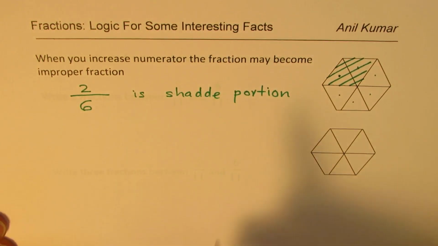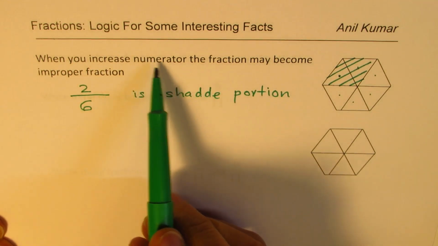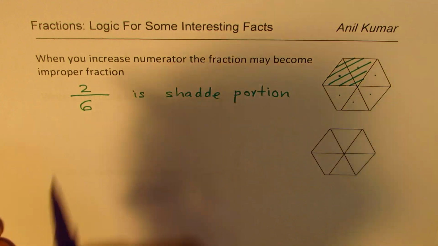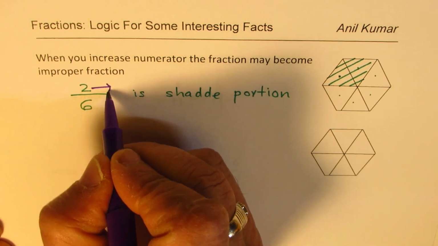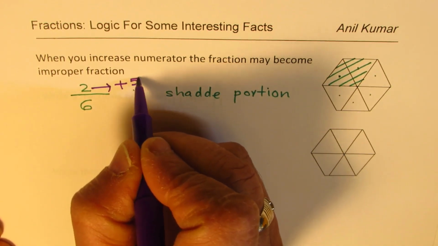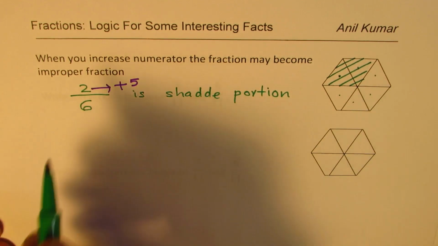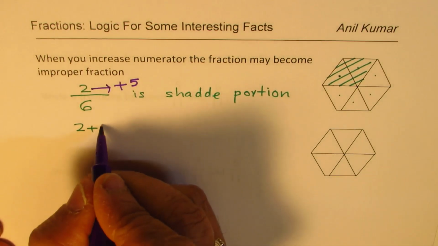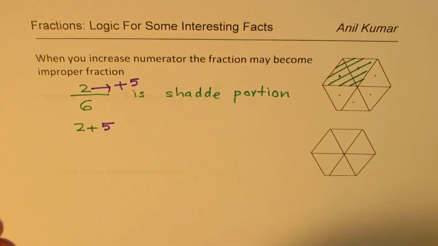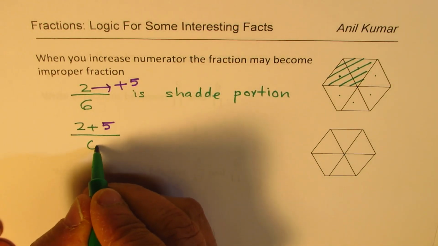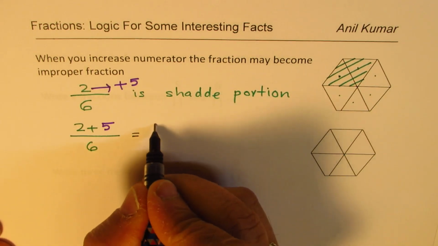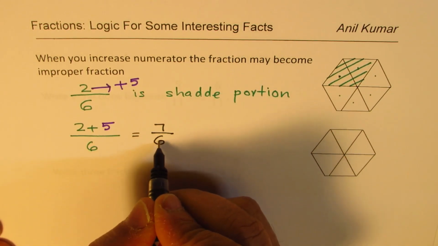Correct? Now they are saying when you increase the numerator, the fraction may become an improper fraction. So let us increase this 2 and add 5 to it. If I do 2 plus 5, then what happens? The denominator still being 6, what you get here is 7 over 6.